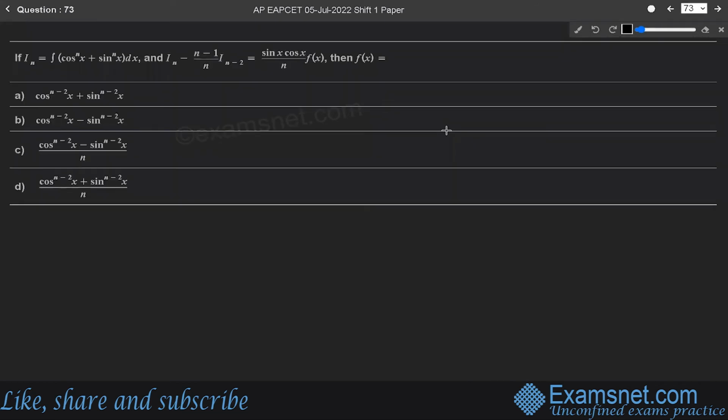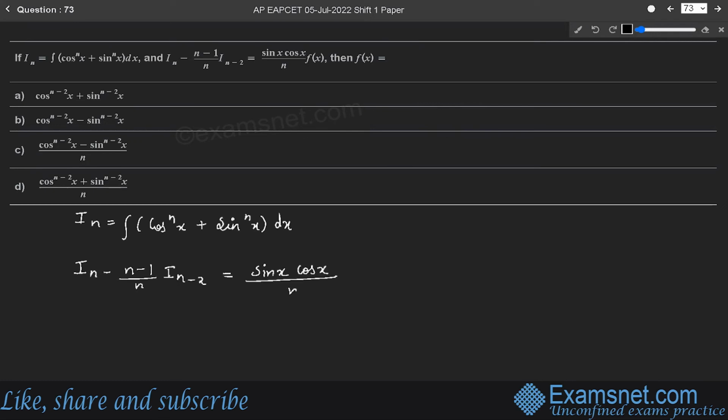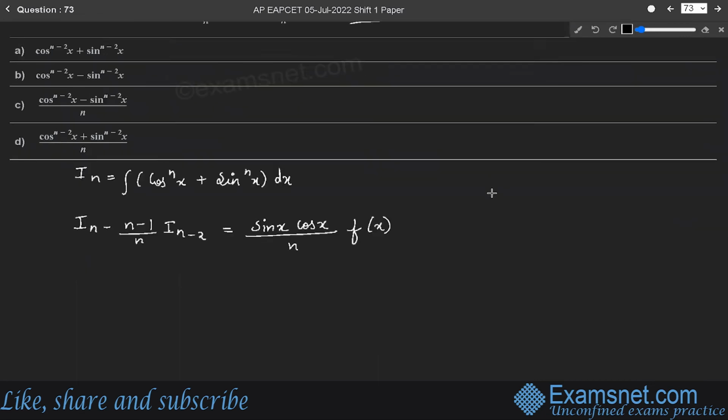Next question is, if I n is equal to integral of (cos power n x plus sin power n x) dx, and I n minus (n minus 1) upon n into I n minus 2 is equal to sin x into cos x divided by n into f of x, then f of x is equal to... we just have to find the function.